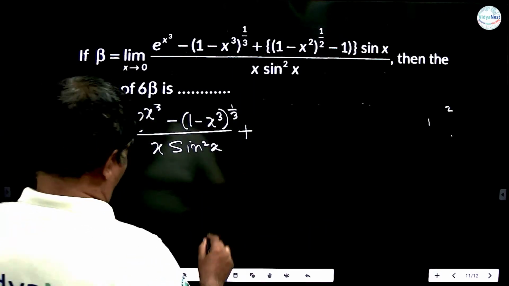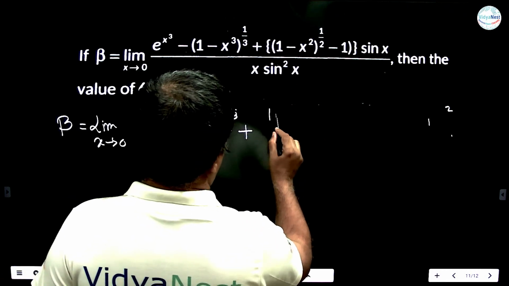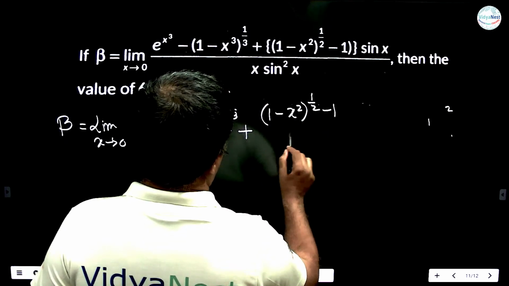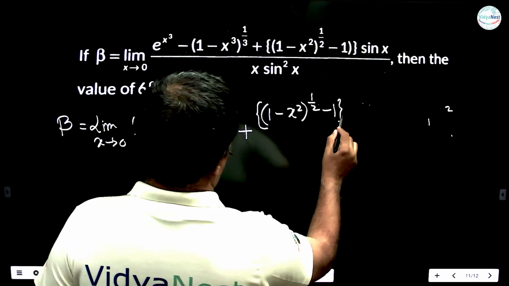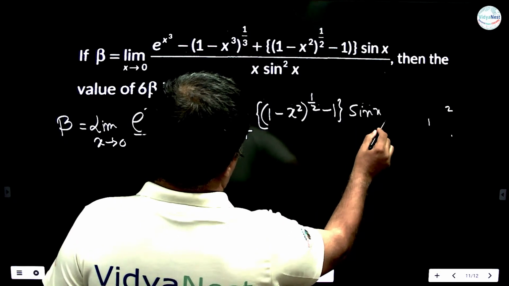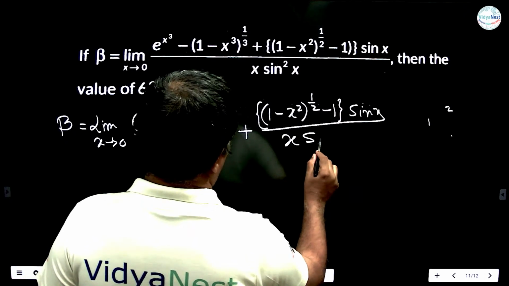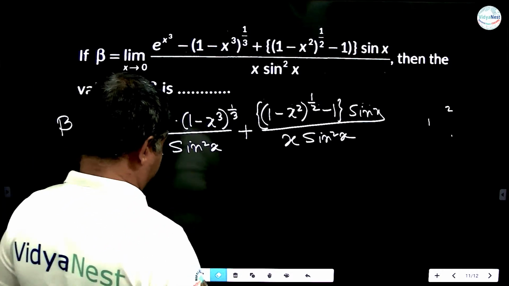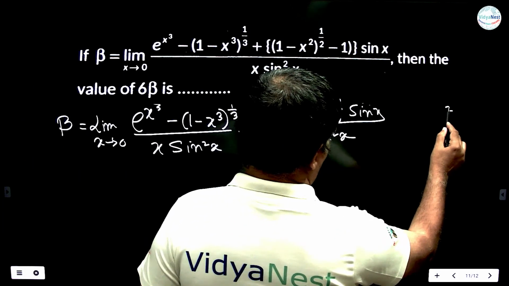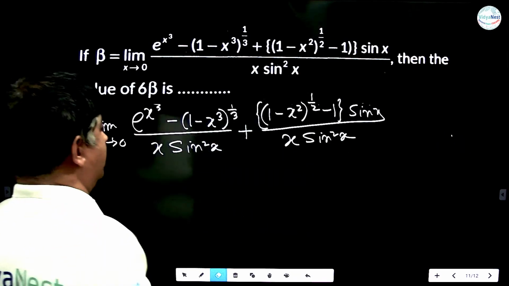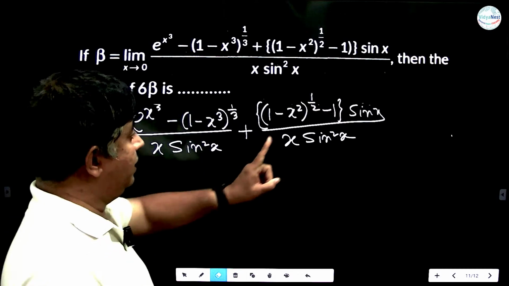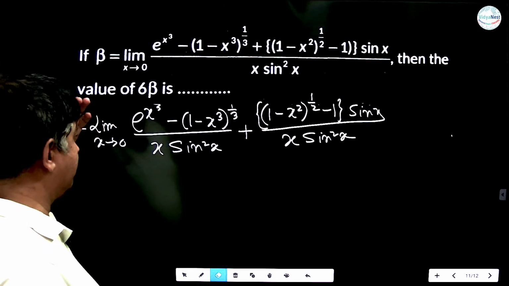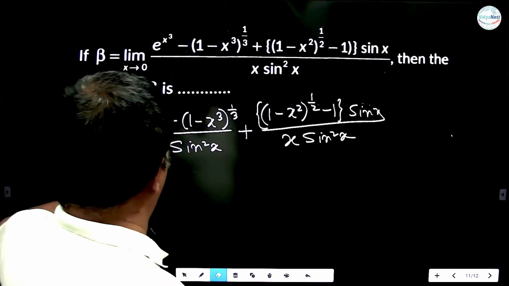See, this part plus this. Here, one minus sin x will be dropped, but here nothing. So we have nothing but to expand it.